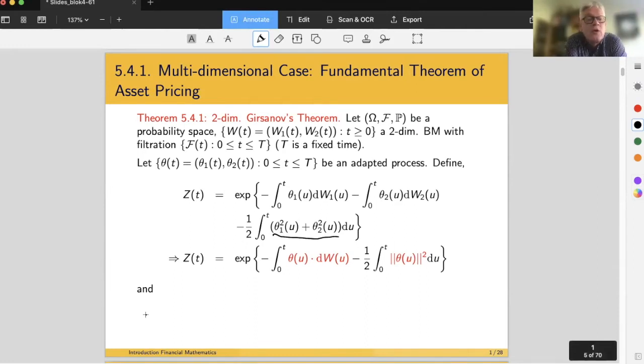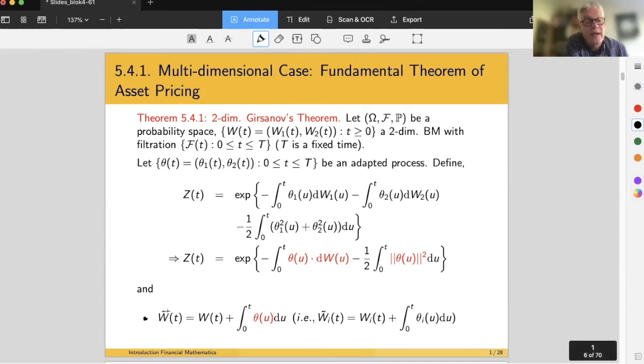And of course, we also have this W tilde process from before, and W tilde, the generalization to the two-dimensional case, would be that W tilde(t) is equal to W(t) plus the integral from 0 to t of theta(u) du. And notice that these are vector valued processes.